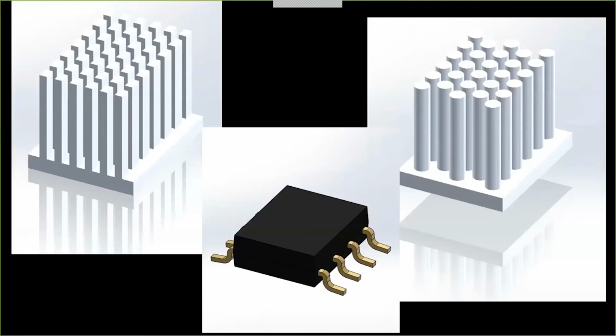But generally you'll see something like this where you've got pins pushed into a plate. On the left you have something far easier to manufacture. It's essentially a chunk of aluminum that's been cut a few different ways. And then of course in the front here we just have a simplified, or the unsimplified version of that constant current source.